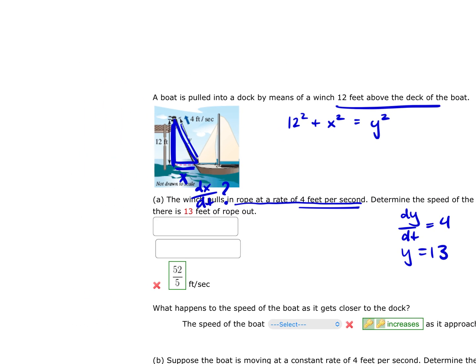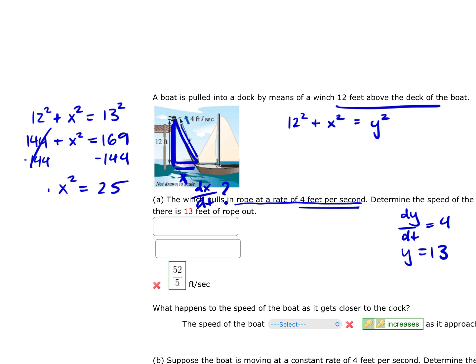So we'll have to do Pythagorean theorem. 12 squared plus x squared is equal to 13 squared. 12 squared would be 144, plus x squared is equal to 169. Subtract 144. So x squared is equal to 25. So x would be 5.